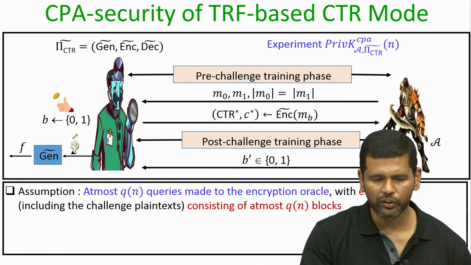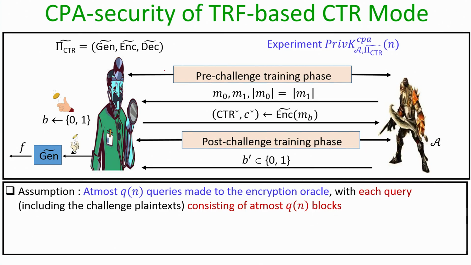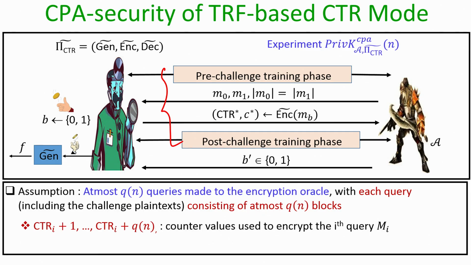So, let us assume that the total number of queries which the adversary is asking throughout this instance of the experiment is Q(n), where Q(n) is some polynomial function of the security parameter little n. Moreover, we also assume that each query consists of at most Q(n) blocks. Actually, we will assume the worst case scenario where there are a total of Q(n) queries and each query consists of exactly Q(n) blocks.